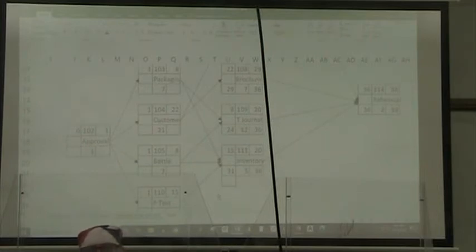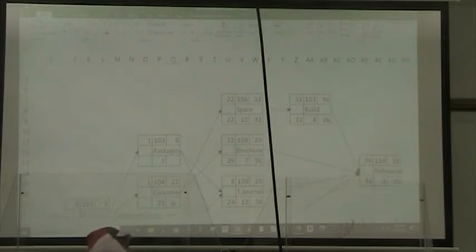All right, so now we want to look at what happens with our merge activities. For example, here's a burst activity, identify customers. And it has two different late start times associated with the two activities that come out of it: 22 and 29.